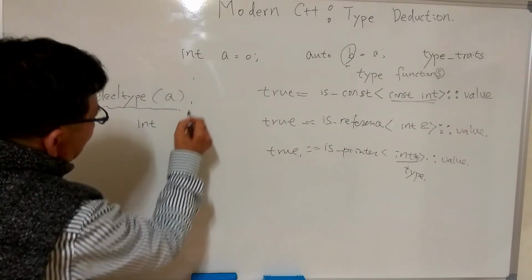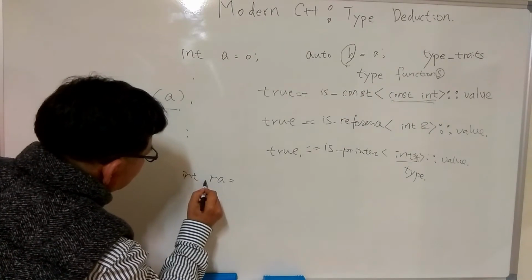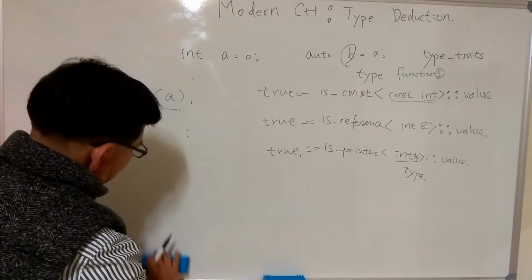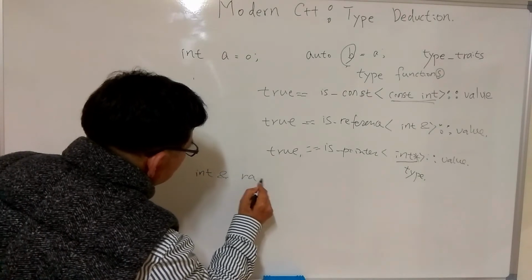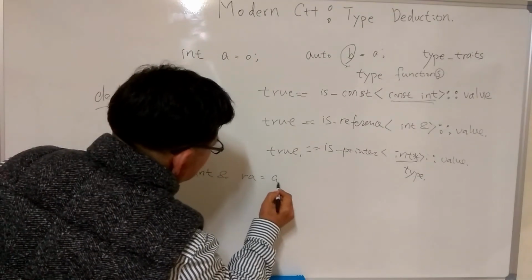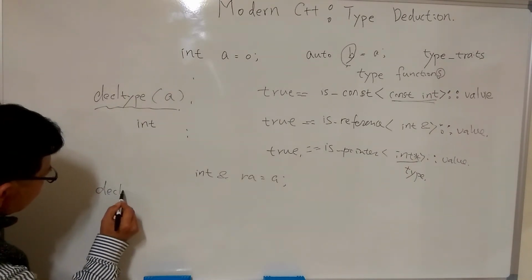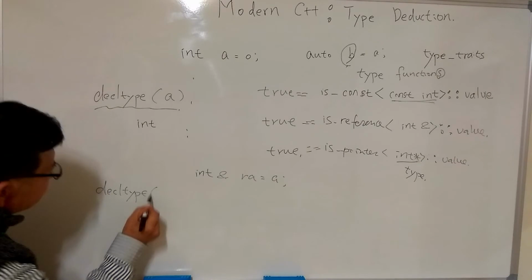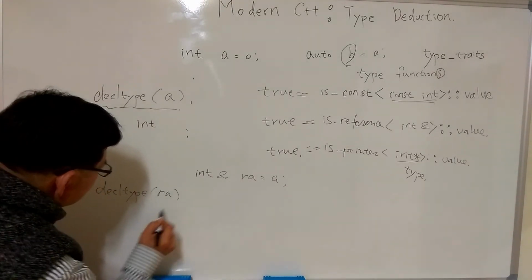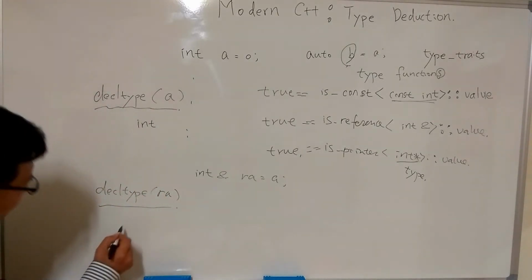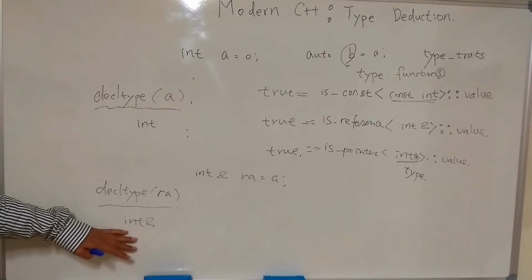Now, if we declare another variable, int reference, and initialize it with a, and try decltype, this will be the type int reference.